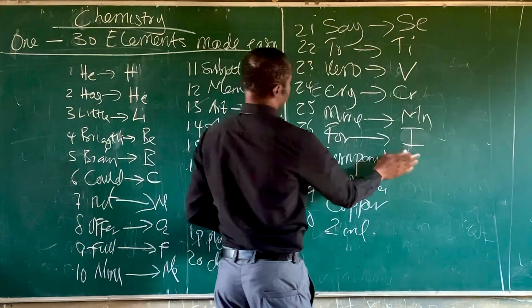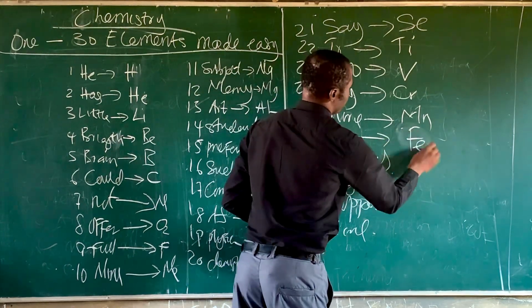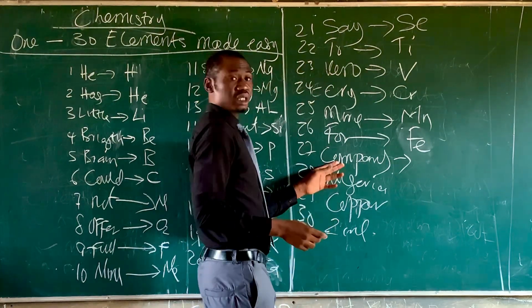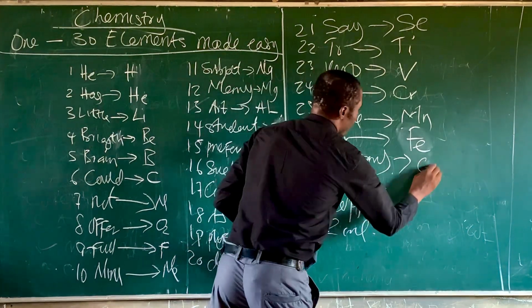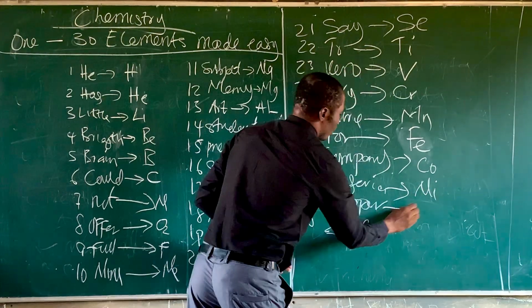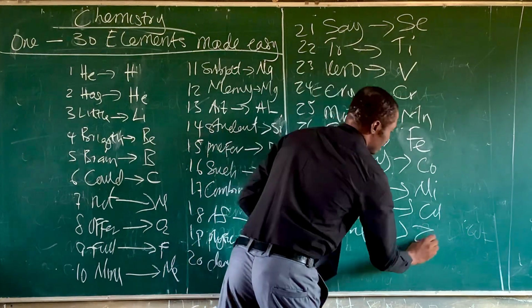Alright, this is iodine, not iron. So, this is iron. Now, what is Company? That's cobalt. What is Nigeria? That is nickel. What is copper? That is copper. What is zinc? That is zinc.